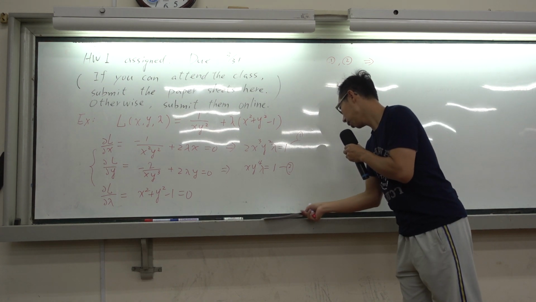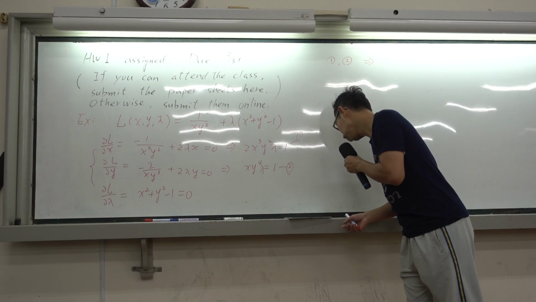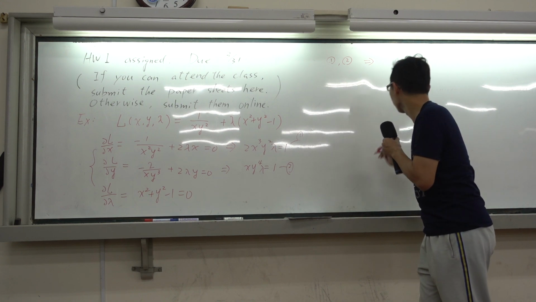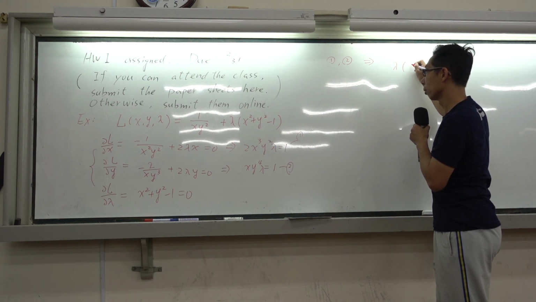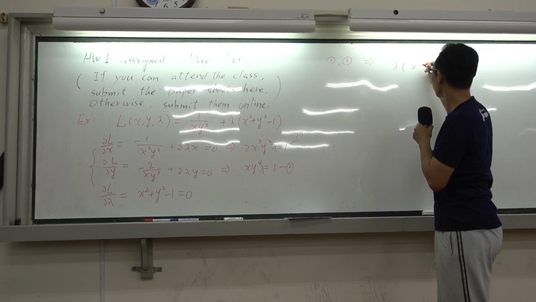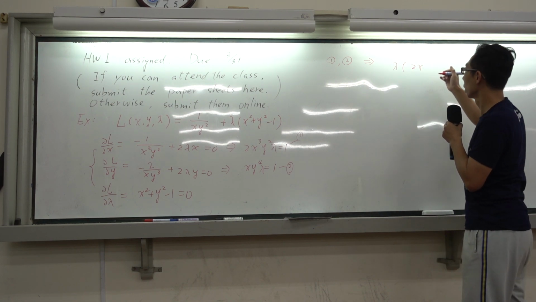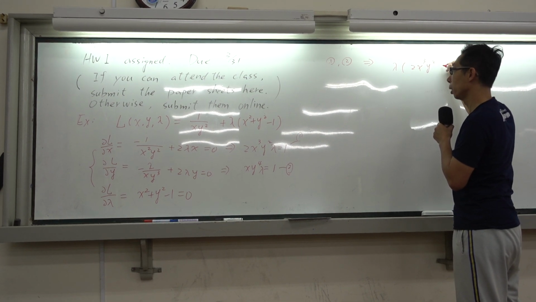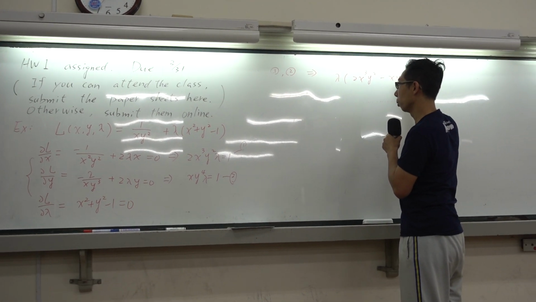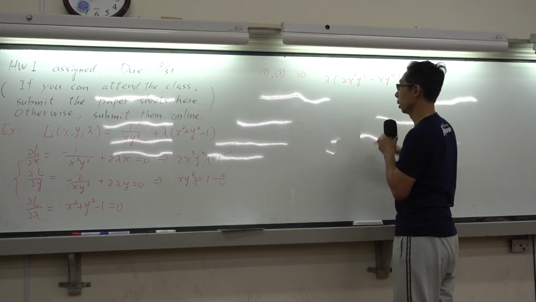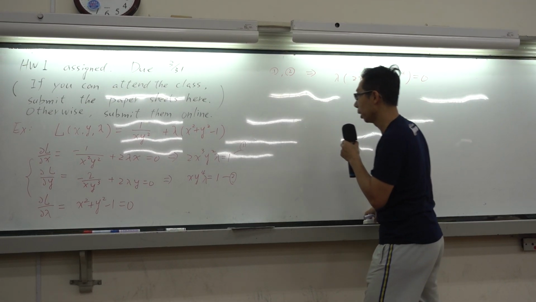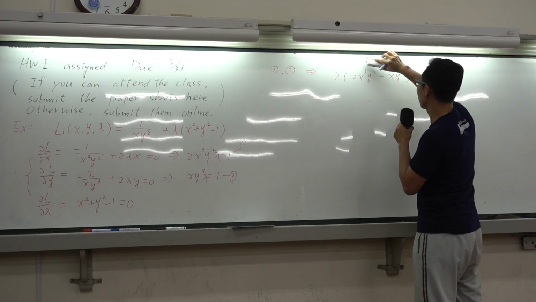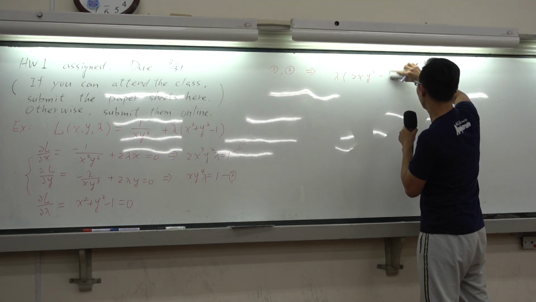2x cubed y squared minus x y fourth equals 0. Okay, and actually the x can be brought outside, right?